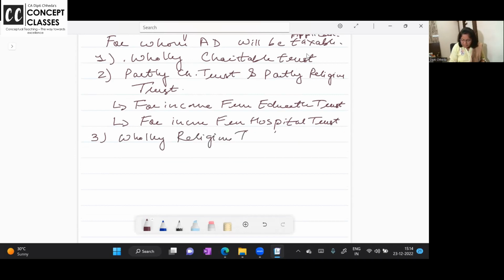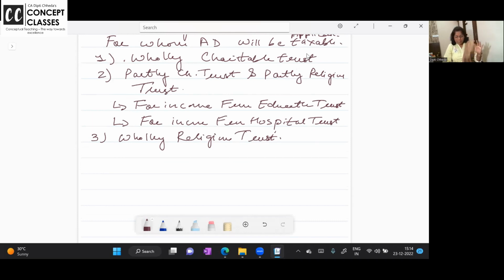religious trust. Now, many times students ask me this question, that if it is a wholly religious trust, this hundis and temples, for example, TTD temple and all, they get crores of rupees of donations in the hundi. Then, ma'am, all that is taxable at flat 30% because it is anonymous donation?